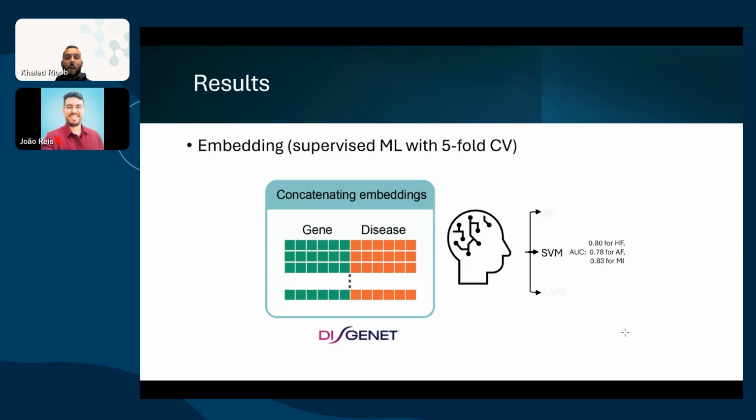After extracting the embeddings from the knowledge graph, we started with the first downstream task, which is using a supervised machine learning algorithm to classify the positive genes and the negative genes for the disease of interest. We found that support vector machine obtained the best performance in terms of predicting the positive genes and the negative genes for the three cardiovascular diseases: heart failure, atrial fibrillation, and myocardial infarction.